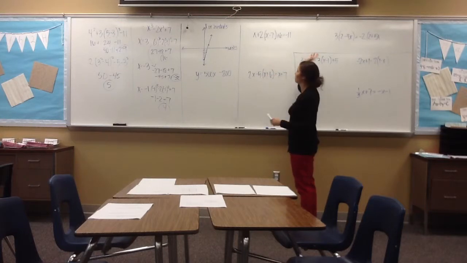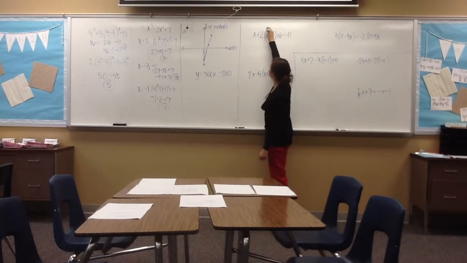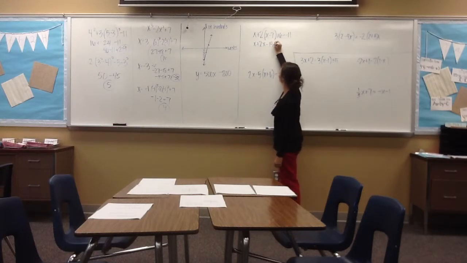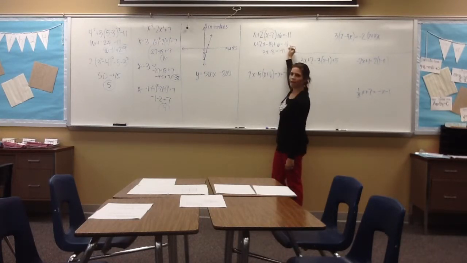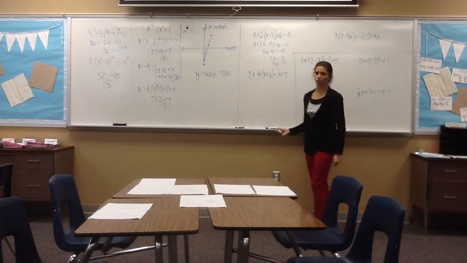Okay, now for this one, I'm going to go through and distribute. Here we're just solving. So if we distribute the 2, we're going to have x plus 2x minus 14 plus 6 equals negative 11. 2 and 1, that's going to give us 3x minus 8 equals negative 11. Add 8 over, it's going to give us 3x equals negative 3, so x is going to equal negative 1.